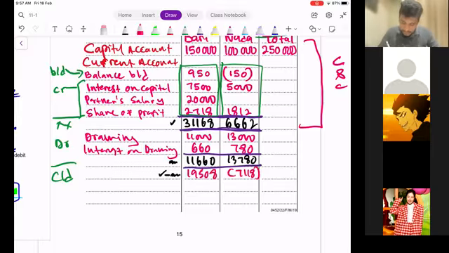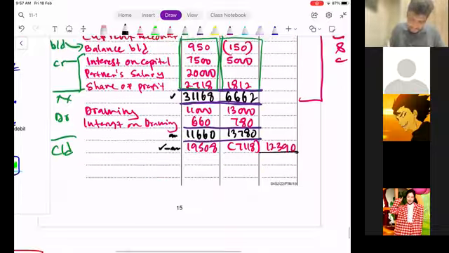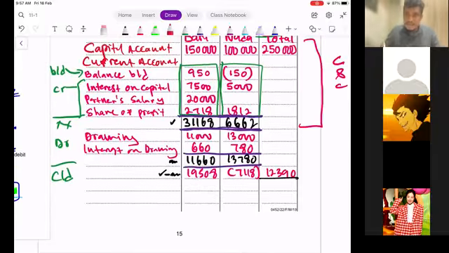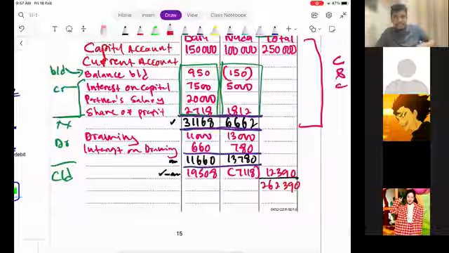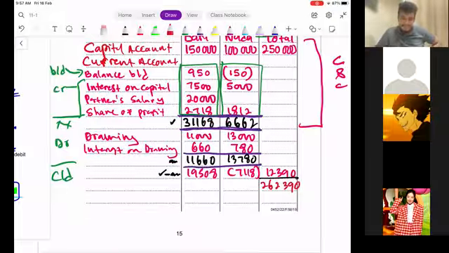Then in total, you get 12,390. Then you add together, you'll have 262,390. And this one will be added with non-current liability.